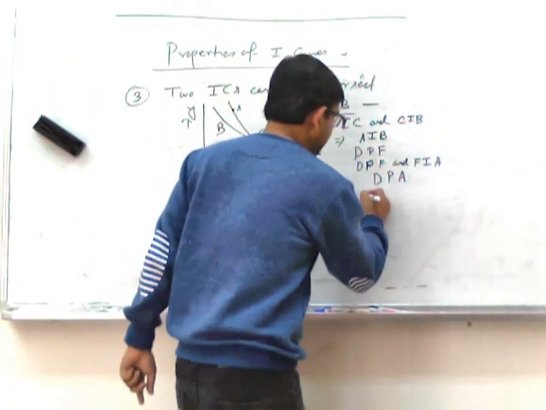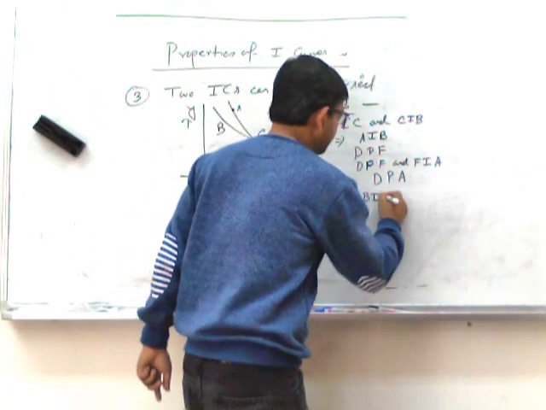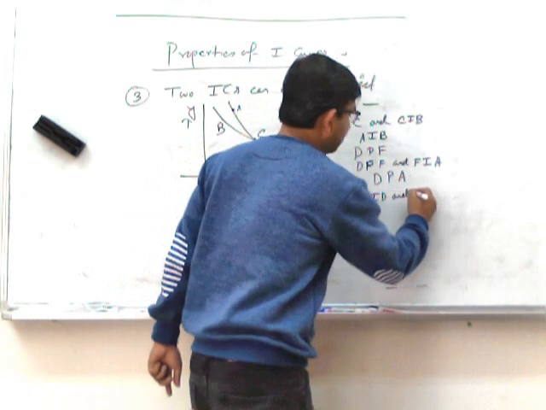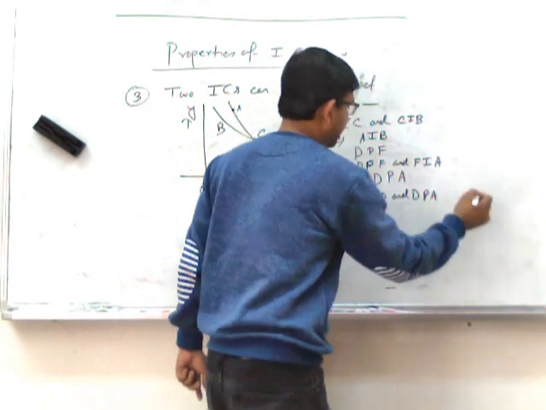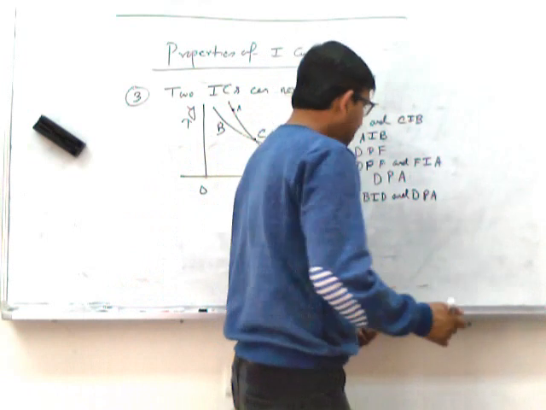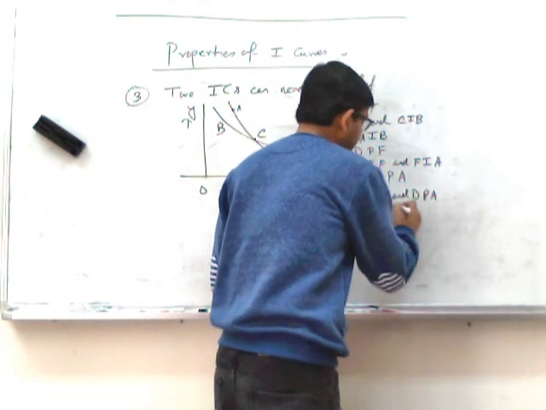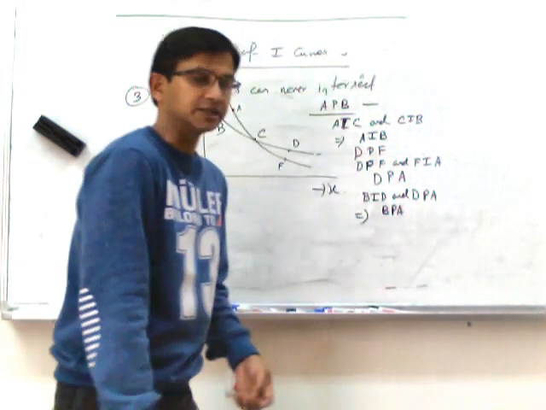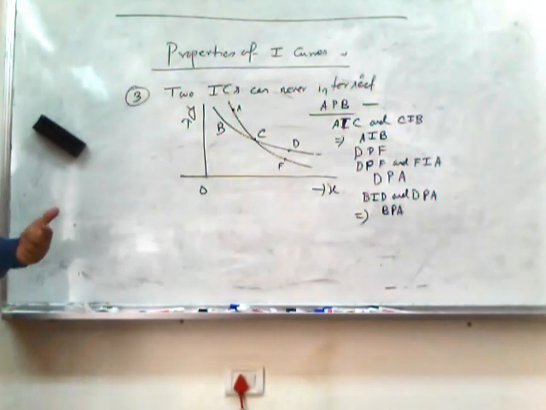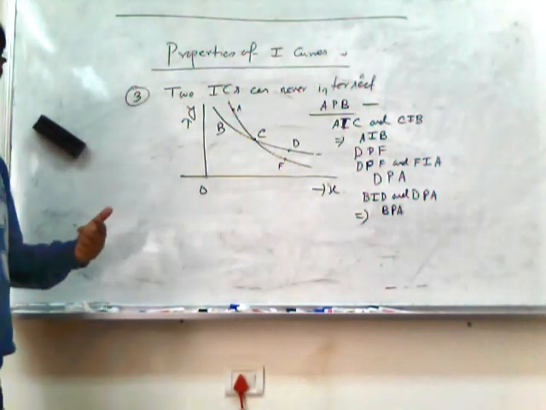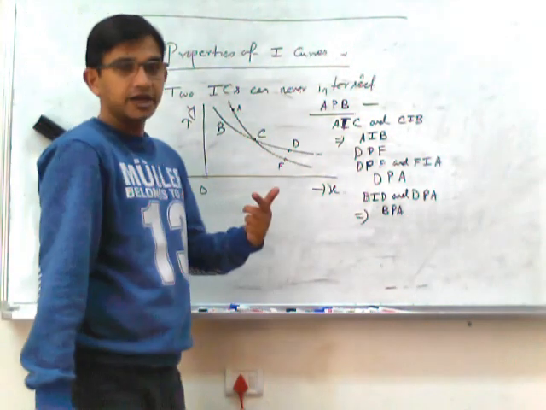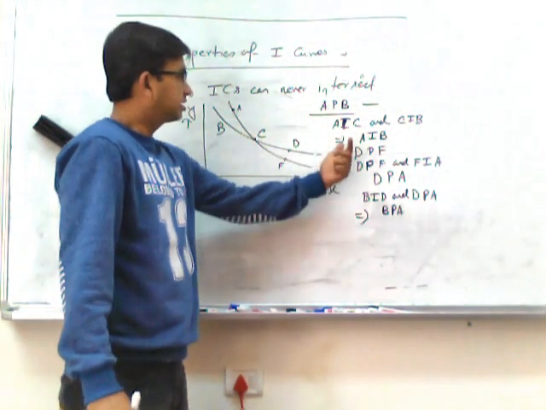So B is indifferent to D and D is preferred to A. So from here we can conclude that B is preferred to A by the axiom of transitivity. So from the axiom of completeness we know that these three things cannot happen together.